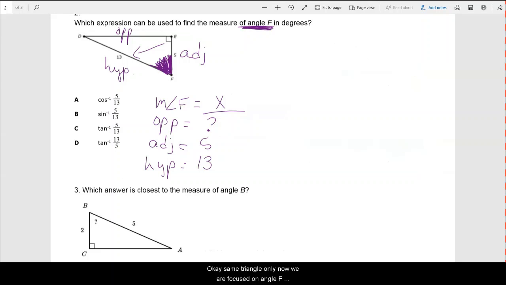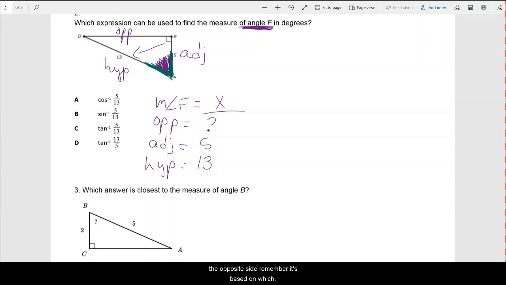Okay, same triangle, only now we are focused on angle F instead of angle D. That changes things, because angle D and angle F are on opposite sides of the triangle from the hypotenuse. That means EF is now the adjacent side and DE is now the opposite side.